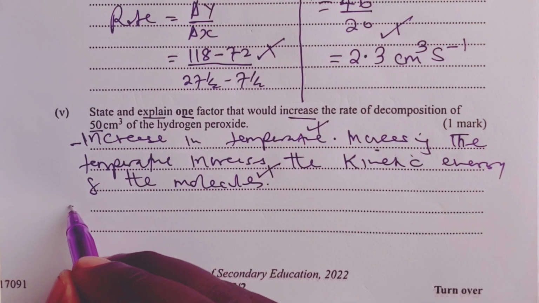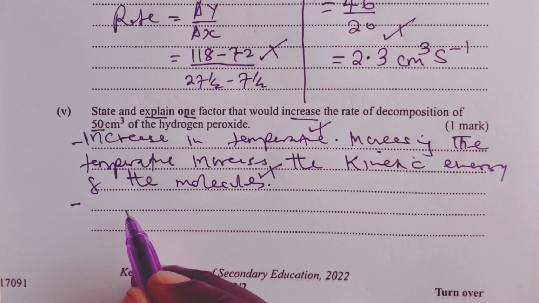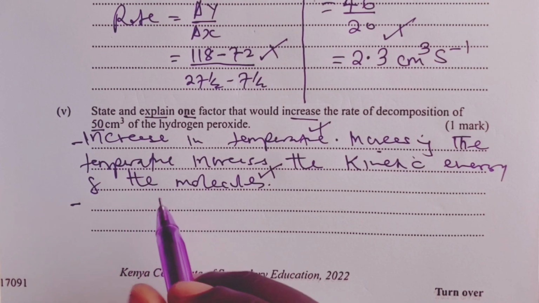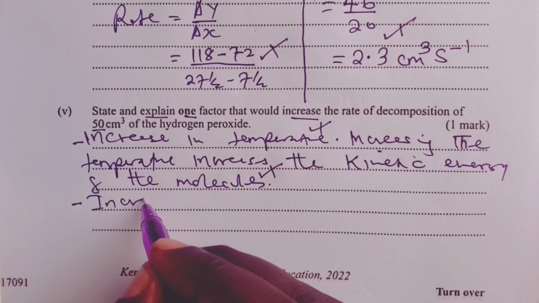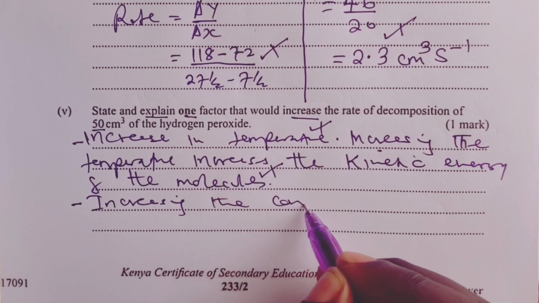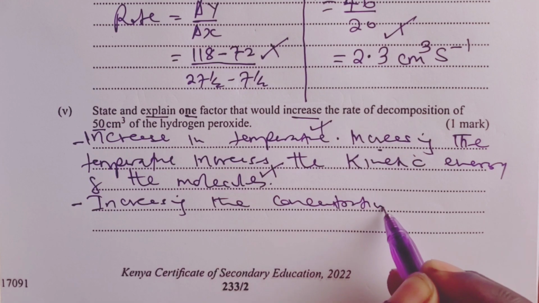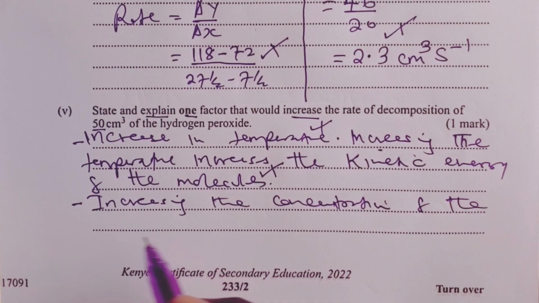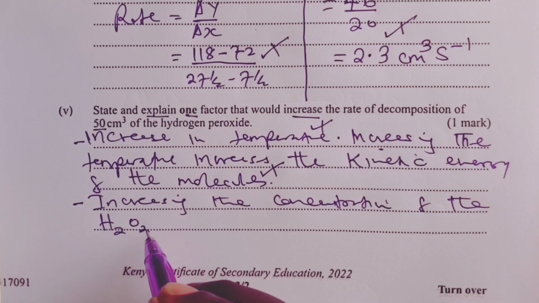That is one mark. A candidate had an option of also giving us the other factor, and the other factor would be increasing the concentration. We can increase the concentration of the hydrogen peroxide.